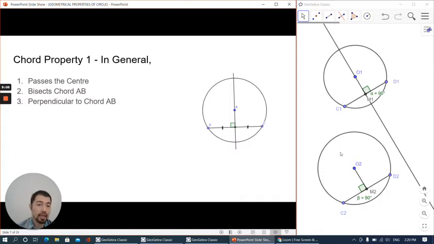So the line will bisect the chord into two equal parts if they are perpendicular.